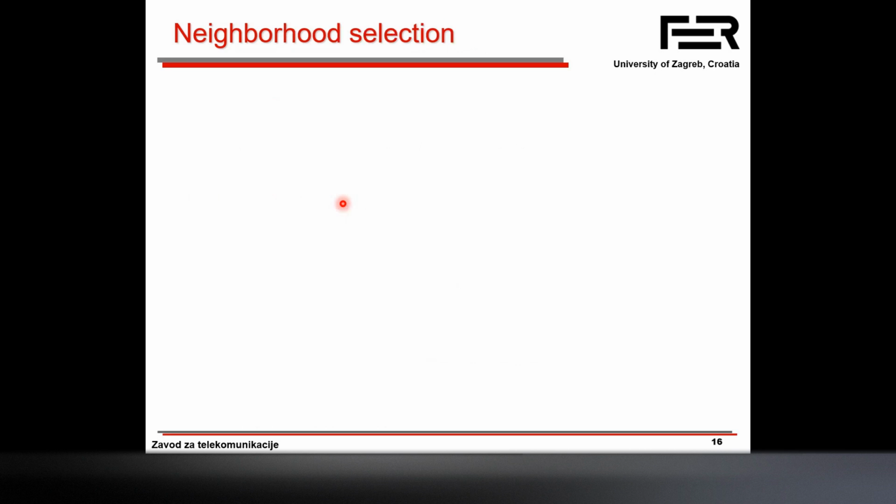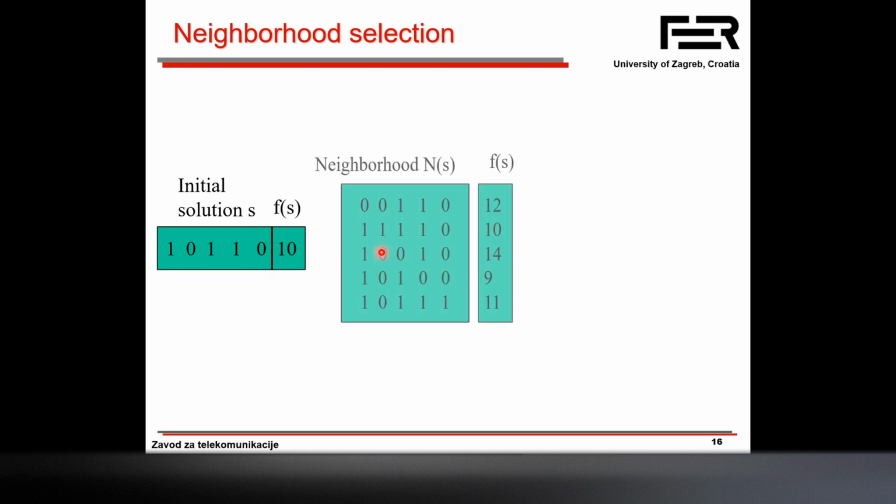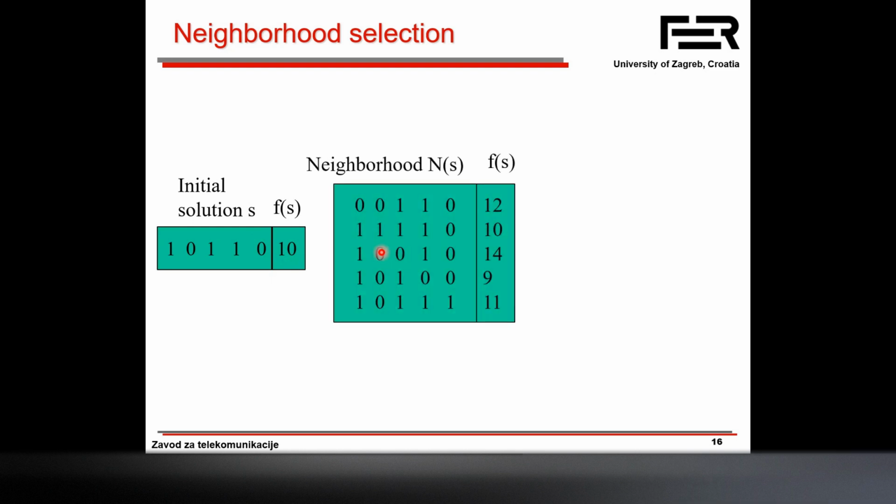But let's look at an example, a very simple example. Let's say we have a solution which is simply a number encoded in binary terms. So this is an integer which is encoded in binary. The value is 10. We define our neighborhood as a 1-bit flip. So these are all the neighboring solutions of our initial solution.